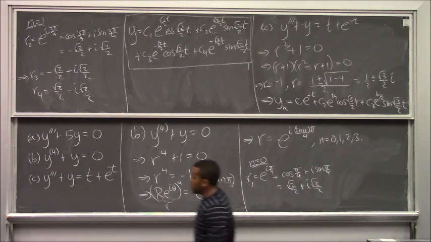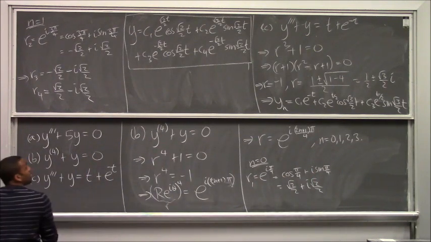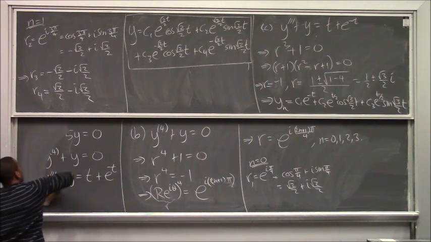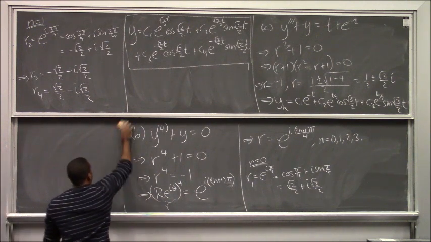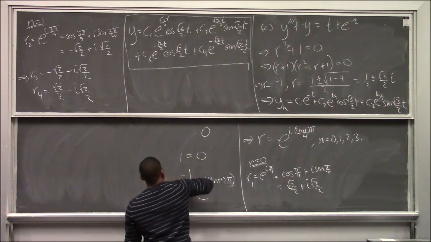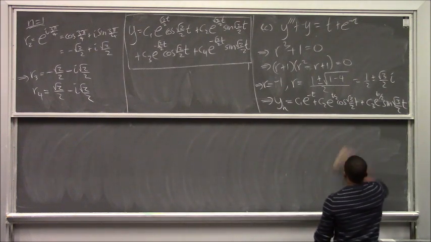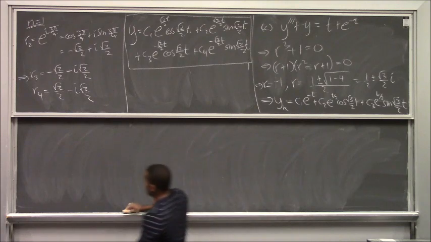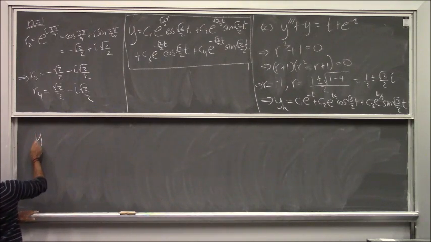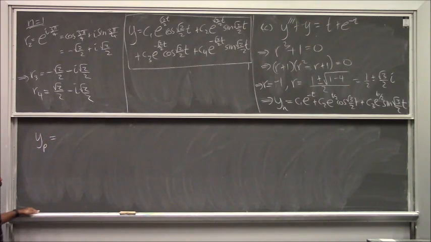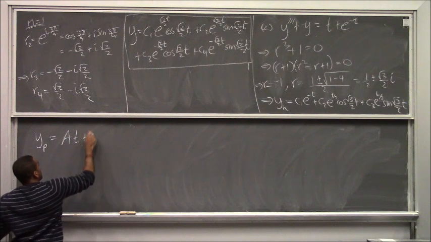Now, suppose we want to do undetermined coefficients. What would you guess the particular would look like? At plus B plus C e to the minus t.